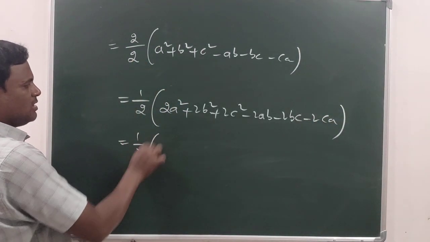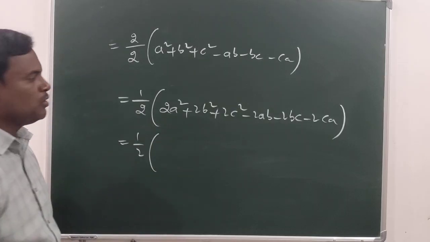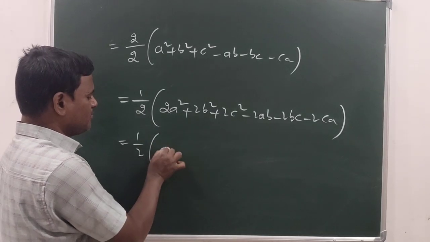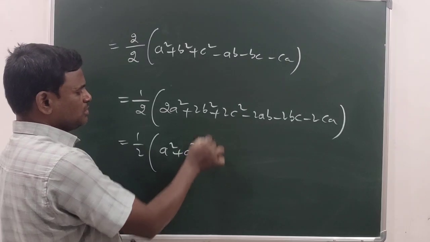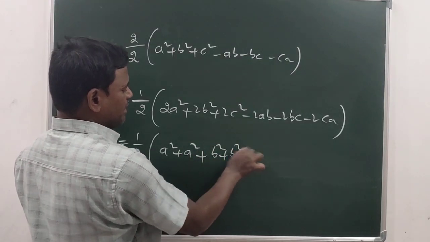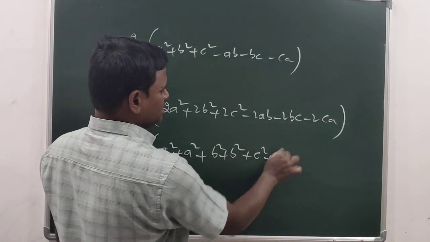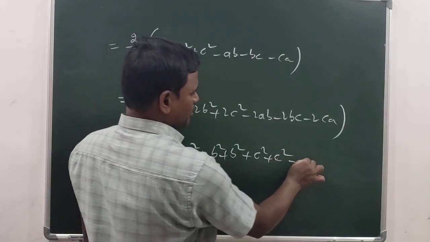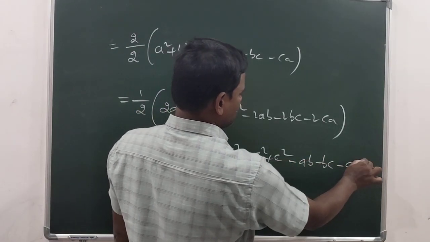So now split this 2a square as a square plus a square, 2b square as b square plus b square, 2c square as c square plus c square. So here minus ab minus bc minus ca.